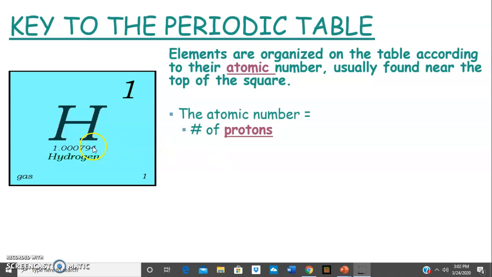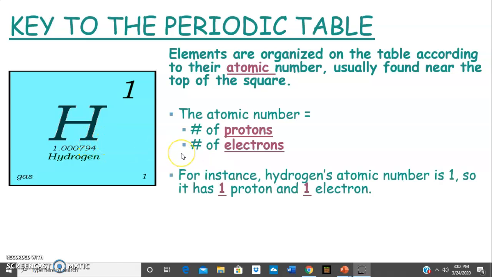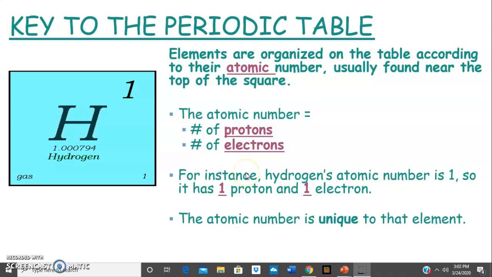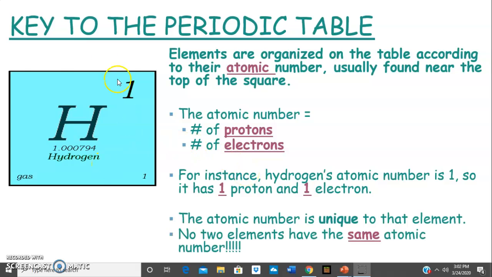All right, so let's look at this here. On the periodic table, there are lots and lots of different elements, and these elements are put into these boxes. The elements are organized in the table according to their atomic number. It's usually found at the top of the square. So here's hydrogen. Its atomic number is 1. If you remember from one of our previous lessons, the atomic number is equal to our number of protons, which is equal to the number of electrons in a neutral atom.